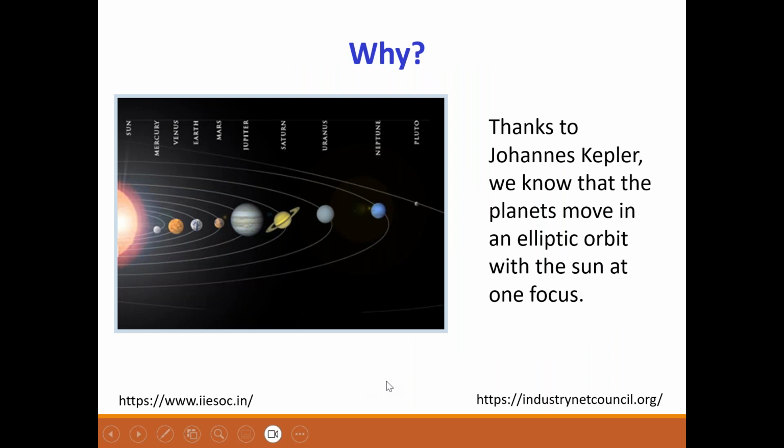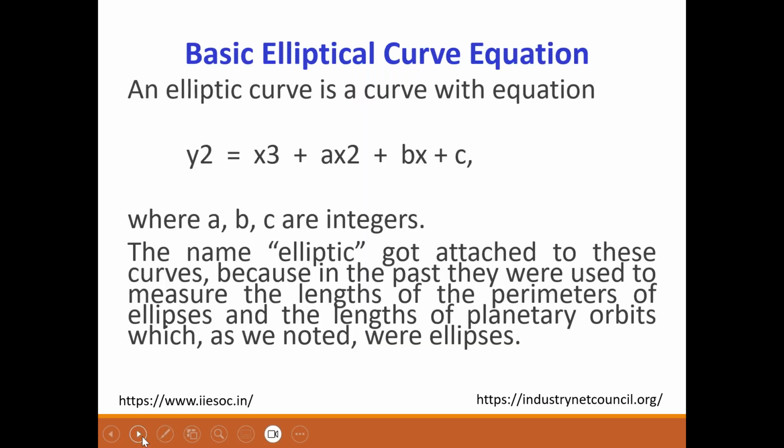And so why do we care about ellipses? Well, because a long time ago, Johannes Kepler proved that planets move in what's called an elliptic orbit, meaning they don't move in circles, they move in ovals. So the science of ellipses is well established.